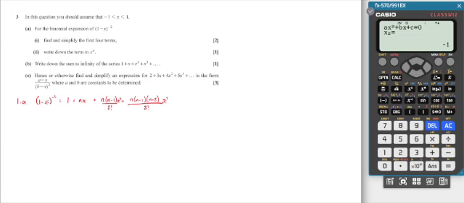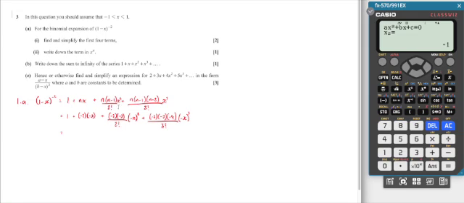Let's pop some terms in then. So I've got 1 plus, n is minus 2, and that's minus x, plus (-2)(-3) over 2 factorial, minus x squared. Minus 2 minus 3 minus 4 over 3 factorial, minus x cubed.